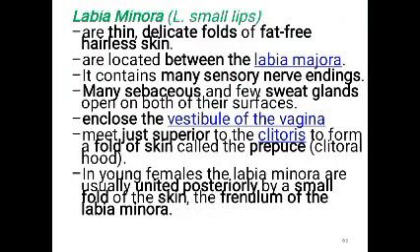Labia minora, or small lips, are thin, delicate folds of fat-free, hairless skin located between the labia majora. They contain many sensory nerve endings, many sebaceous glands, and a few sweat glands opening on both of their surfaces. They enclose the vestibule of the vagina and meet just superior to the clitoris to form a fold of skin called the prepuce, or clitoral hood.